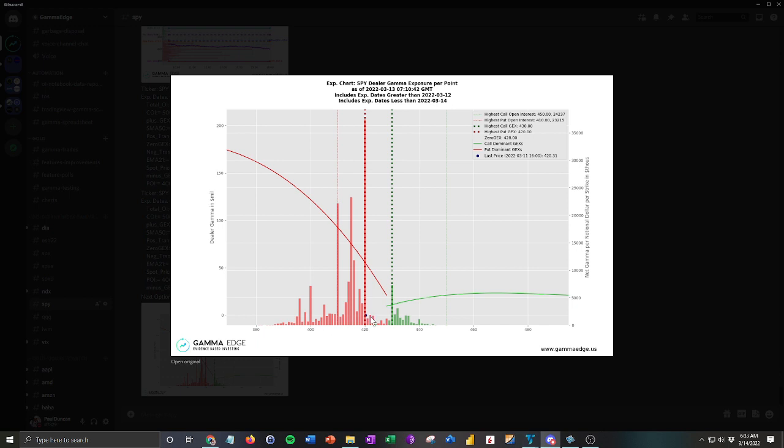Things could change though if we open up and start heading to the left here. You can see this large gamma level at 420 as I just mentioned, and once we move to the left here, this level goes from out of the money to now in the money, and that has a huge impact on the overall expiry structure. It's important to understand what that potentially could mean.